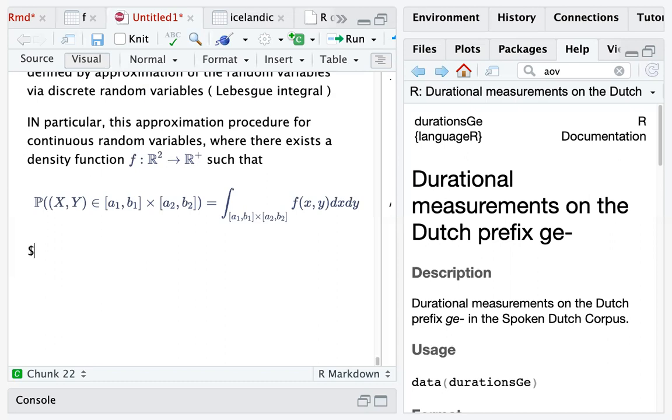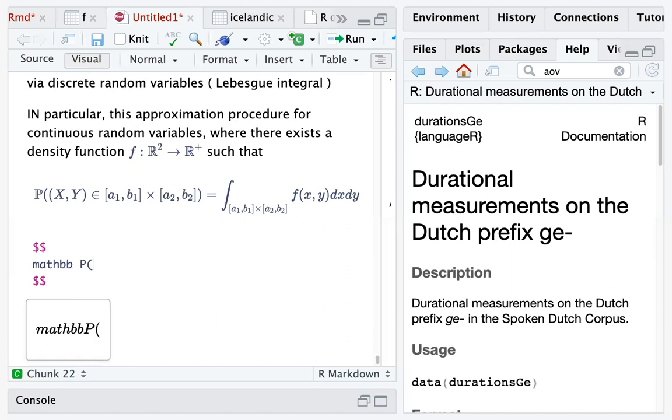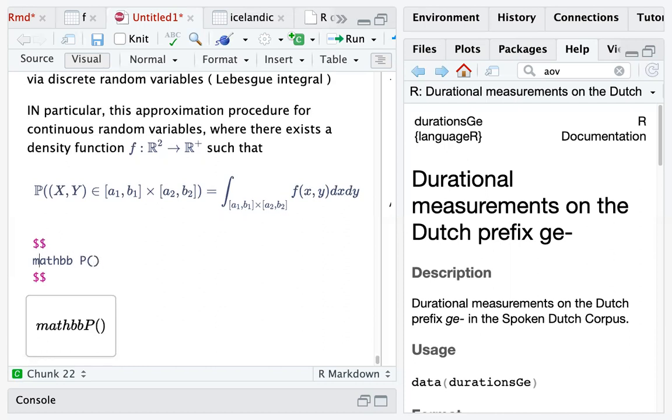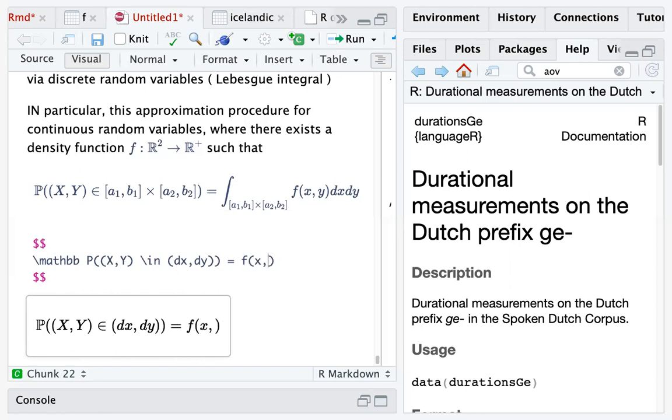In particular, infinitesimally, it is written in this way also. Maybe you have seen it, but you don't need to know this. Just for general knowledge, the probability that x and y is in dx dy is equal to f(x,y) times dx dy.